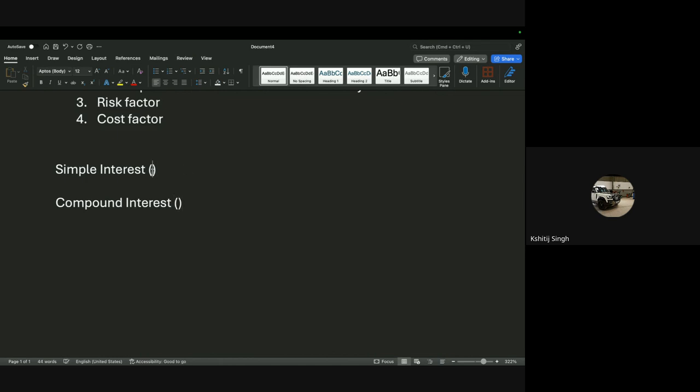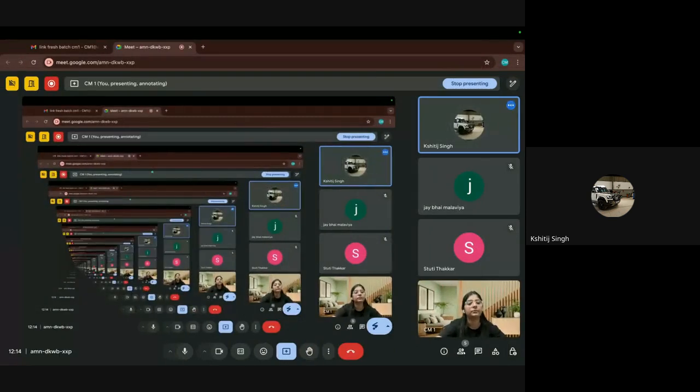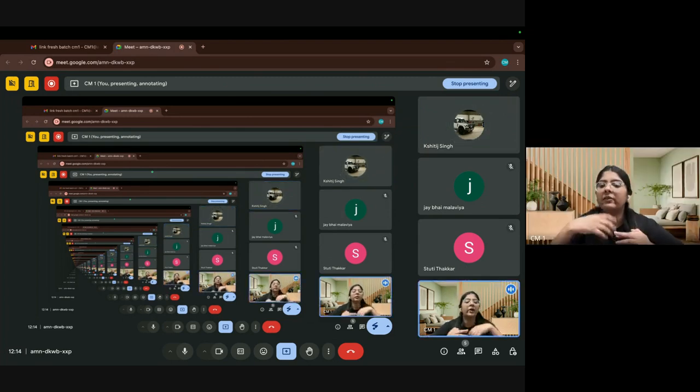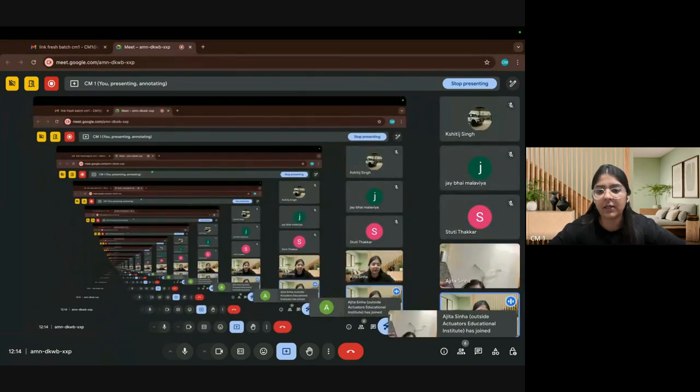Like if we are borrowing 100 rupees and the rate of interest charged is 10%, interest will be charged on interest. Suppose you have invested 100 rupees somewhere, and there is a 10% compound interest.